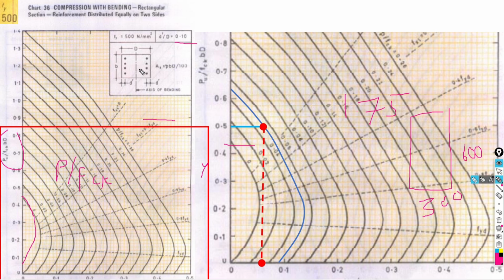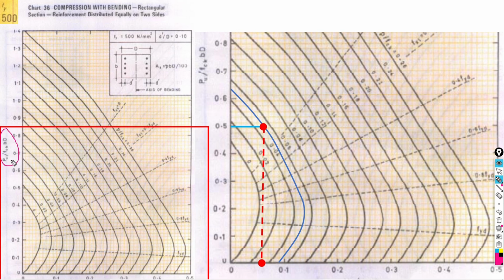So the chart we are going to choose is this one, D dash by D, and here try to understand PU by FCK BD. Okay, PU by FCK BD 0.50 something is coming, so it is going to become this one. And PT by FCK is 0.058.